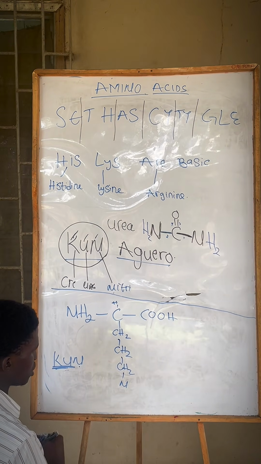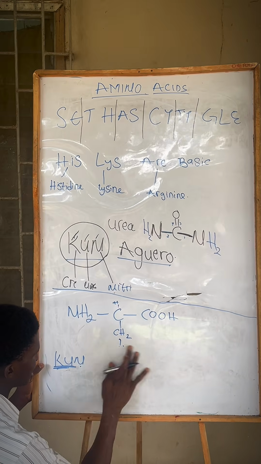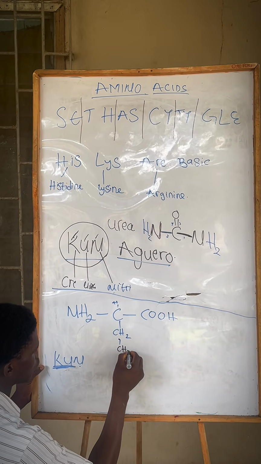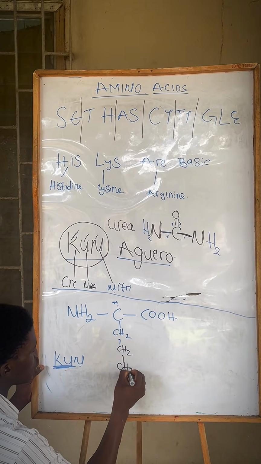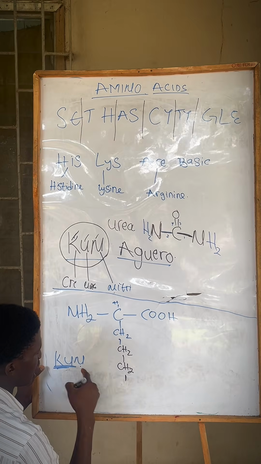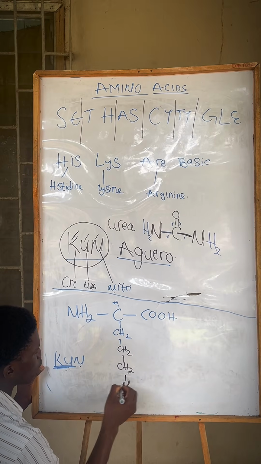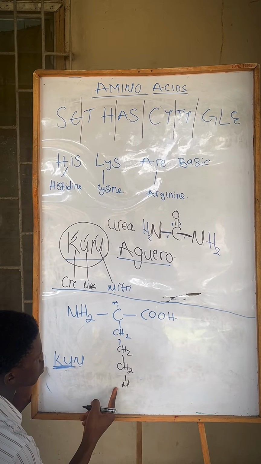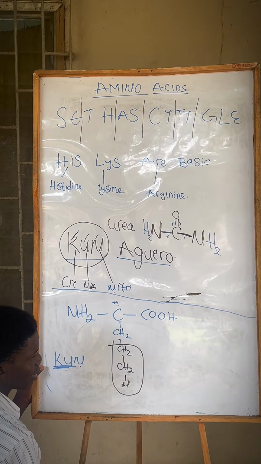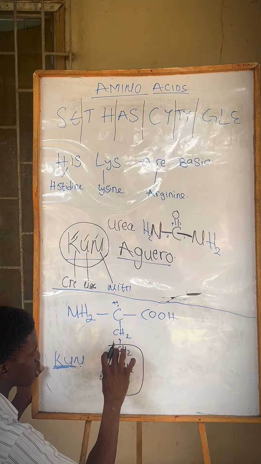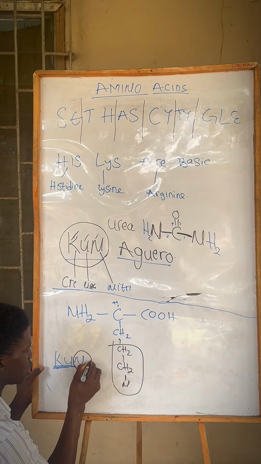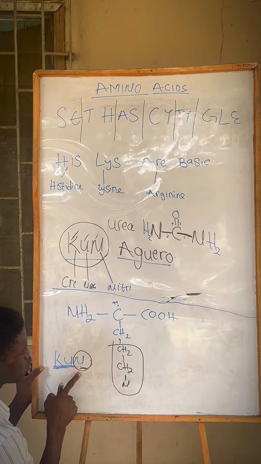So let me use a black marker just for you to see what I added. For the KUN part, K is CH2, U is CH2, and N is N. KUN is telling us to add 3 things to the structure of your alanine. Part of the 3 things should be 2 CH2 and 1 nitrogen, that is, everything should end with nitrogen.